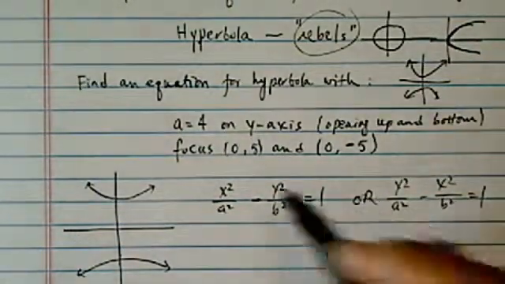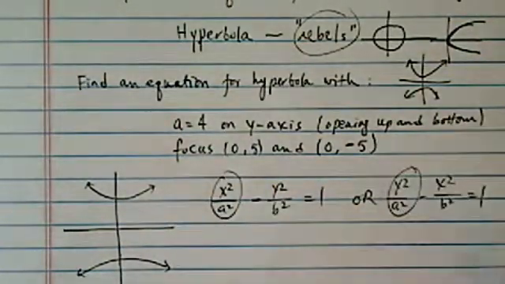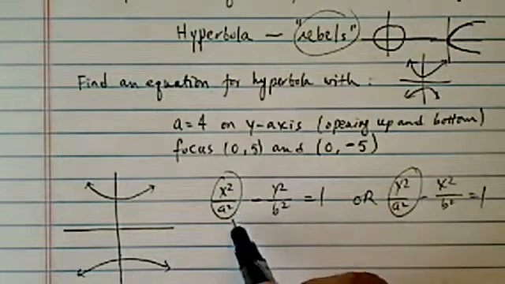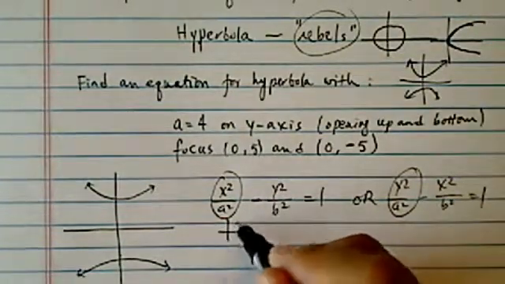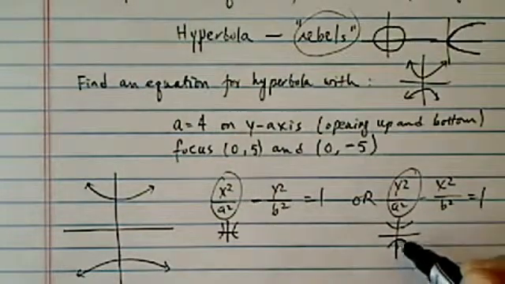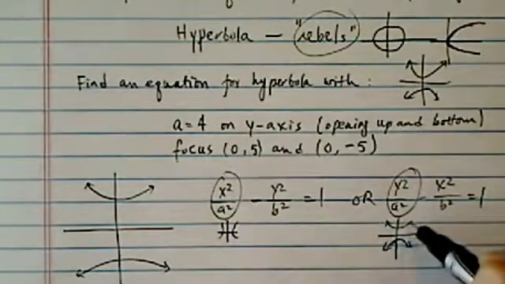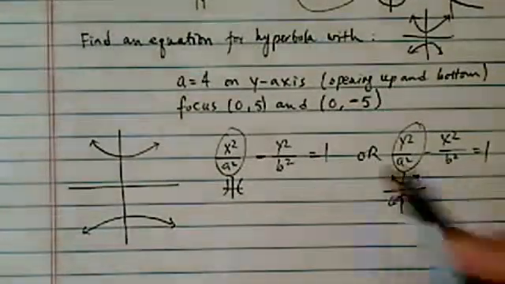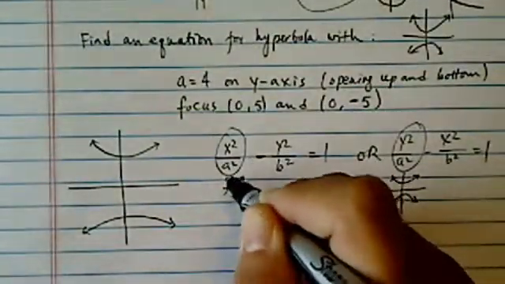Now you notice there's a term that's always positive, i.e. it's ahead of everyone else. The curve always stays on the positive axis. So if this one is positive, then the curve stays this way. And if this one is positive, then the curve stays that way. Okay, so there's no reason to memorize it. Why make life difficult when you can just reason your way out of it?